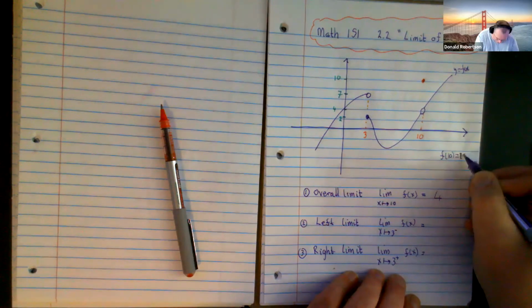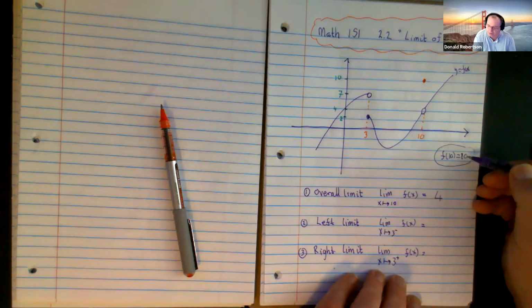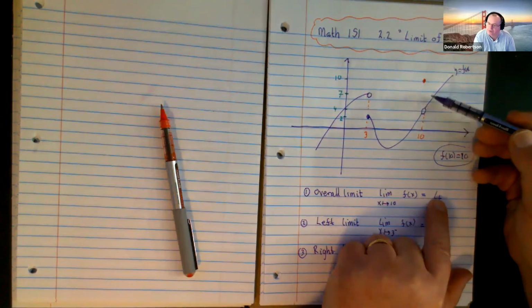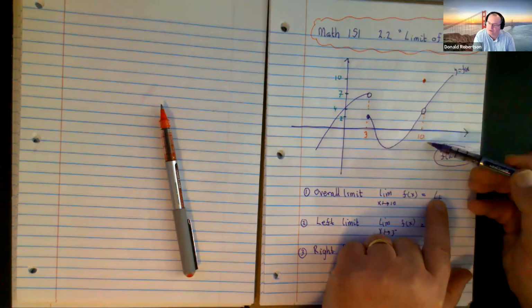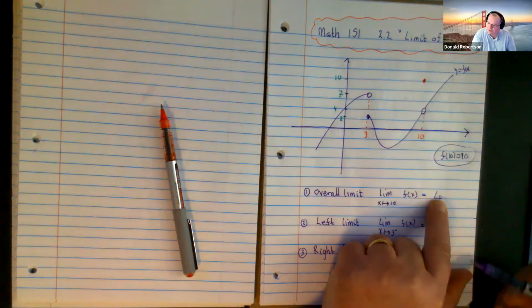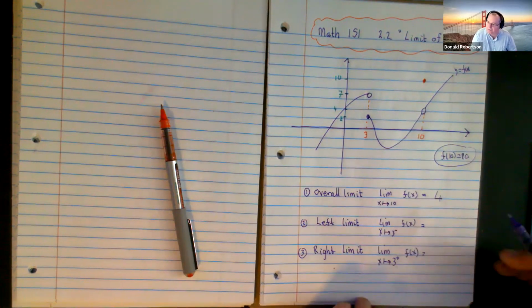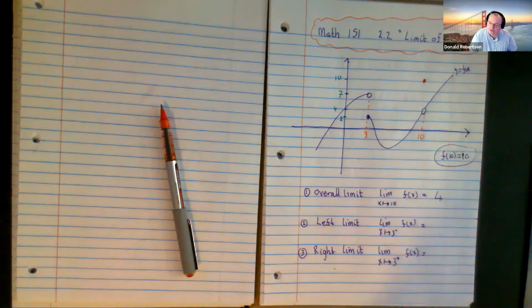So do you see that the value of a function might not match up with the limit of the function as x tends to 10, right? The value of the function at 10 is where that dot is. The limit as x tends to 10 of that function is where this little hole is. So they can, and very often are, different. Are you okay with that? Overall limit: what the function is trying to be.